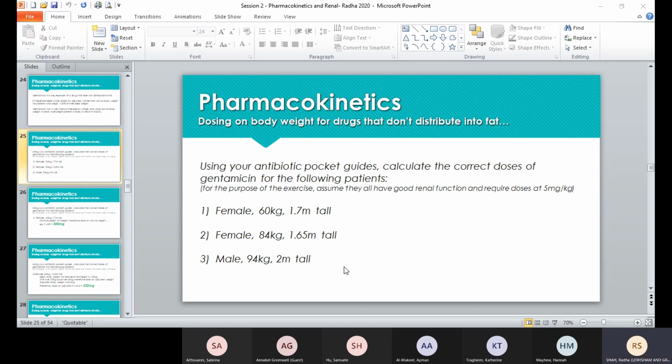Yeah, so the first one we can use normal body weight because they're 60 kilos and 1.7 meters tall. So it's just 60 times 5, which is 300.